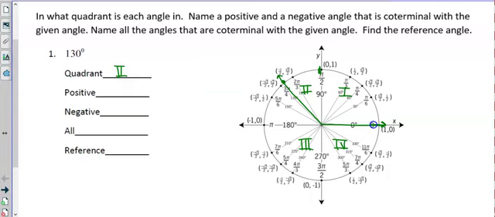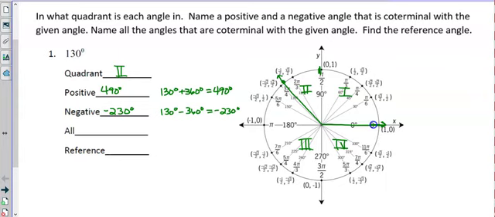Okay, to get another positive coterminal angle, we just want to take 130 degrees and add 360 degrees to it. So 130 plus 360 is 490 degrees. Okay, to get a negative version, we can take 130 degrees and subtract 360 degrees from it. And then we will see that just by doing that once, we end up at negative 230 degrees. And there are infinitely many answers there.